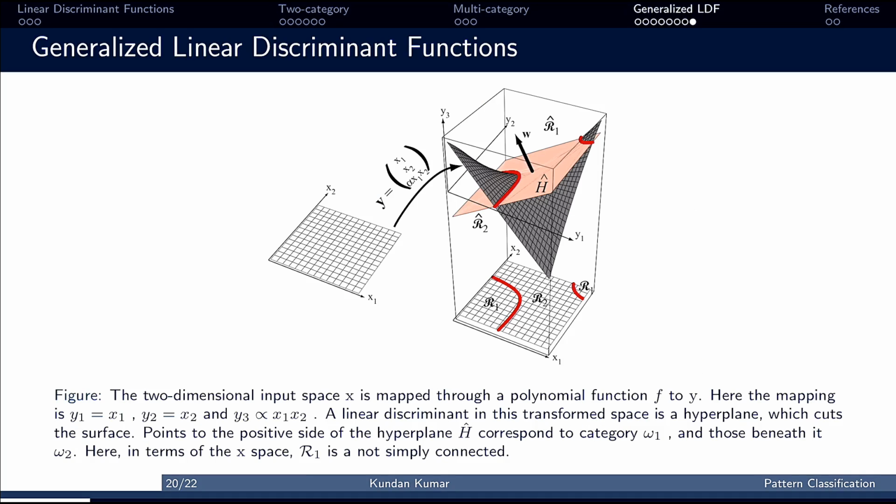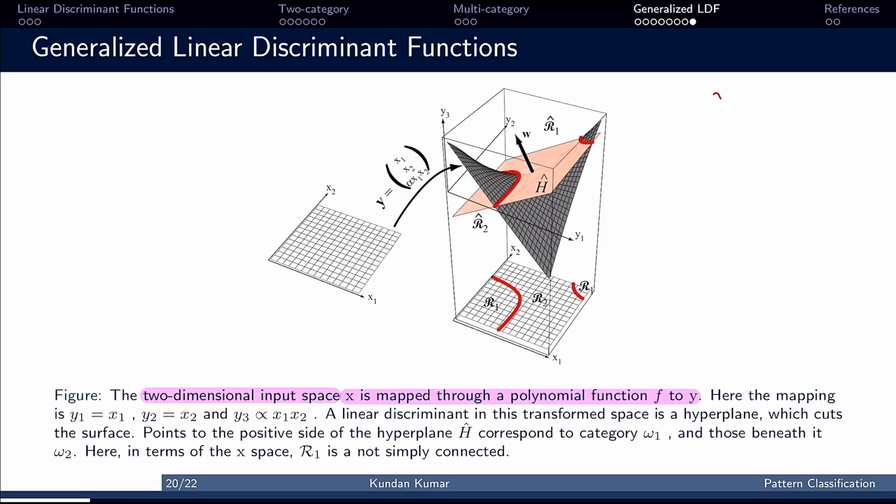Now, we can map the two-dimensional input space x through the polynomial function f to y. So, in the previous case we have seen that we tried to map a one-dimensional input feature space to three-dimensional space. Now, we are trying to map the two-dimensional feature space to the three-dimensional space.